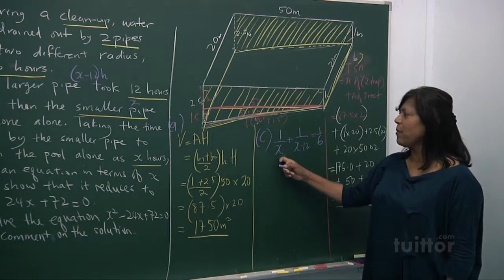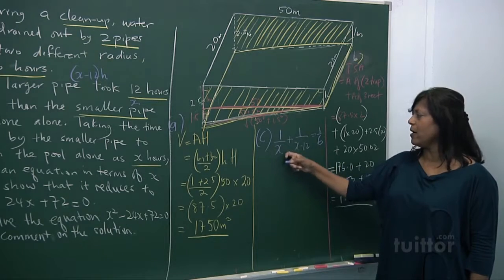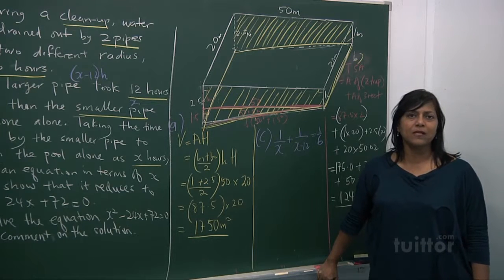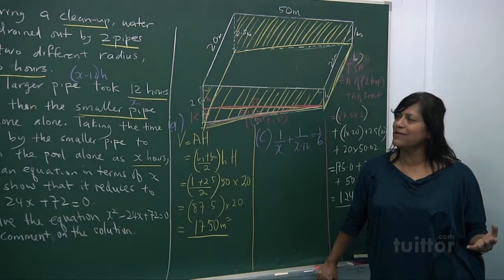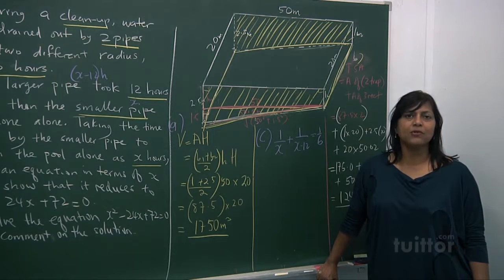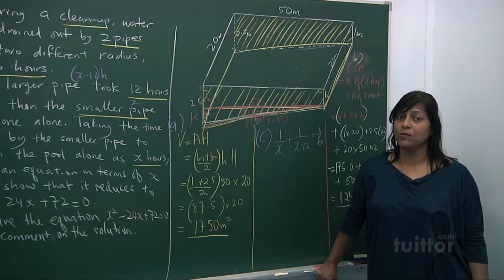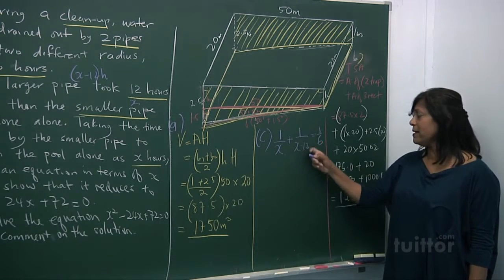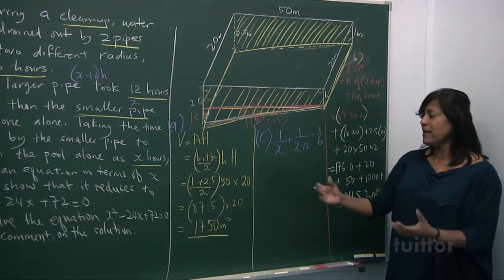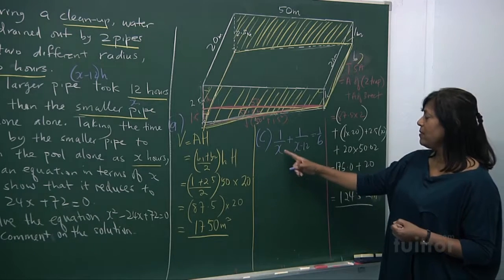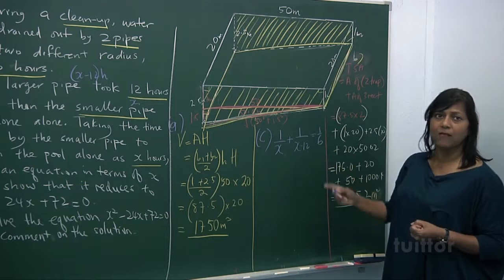Similarly, if the large pipe takes 8 hours, in 1 hour it drains 1/8, in 2 hours 2/8, and in 8 hours, 1 whole. In terms of x, that's 1 over x minus 12. So together, in 1 hour, the 2 pipes drain 1/6 of the pool.